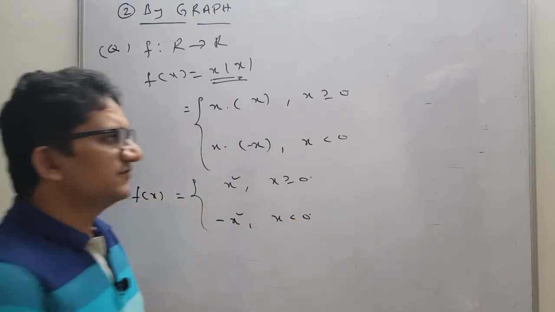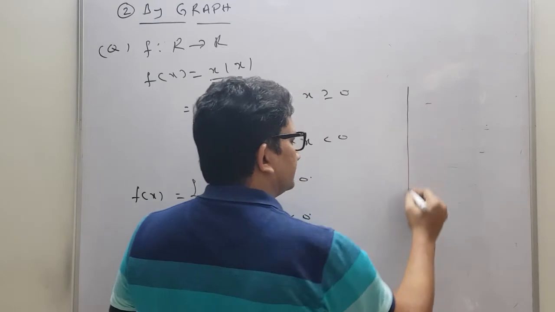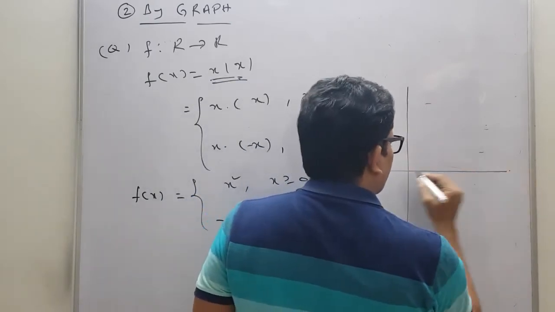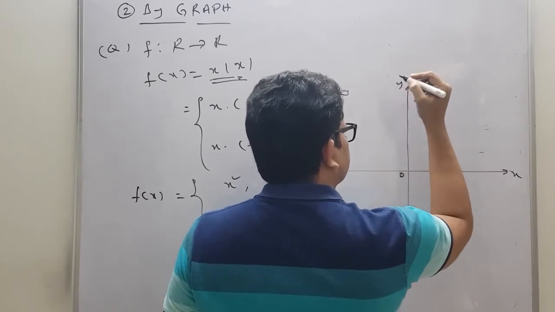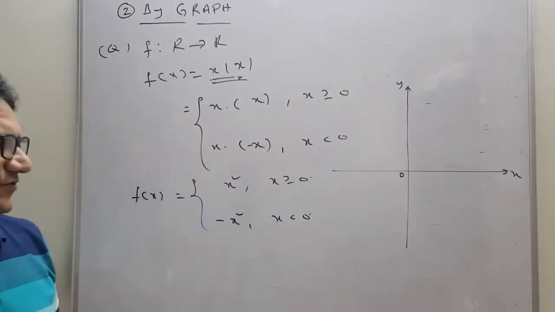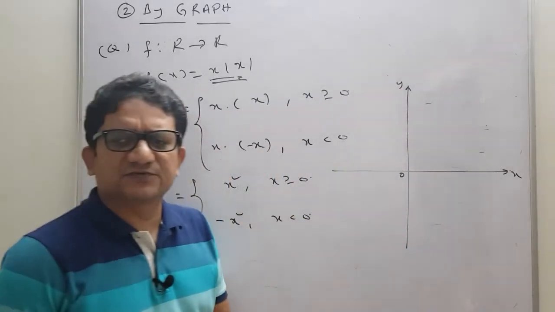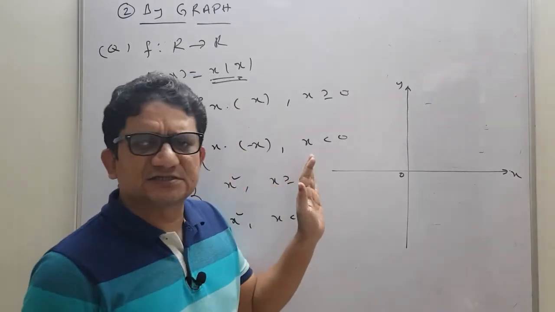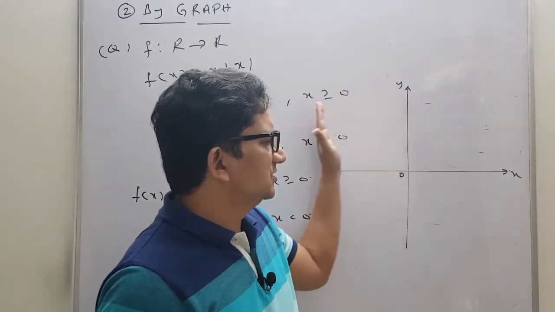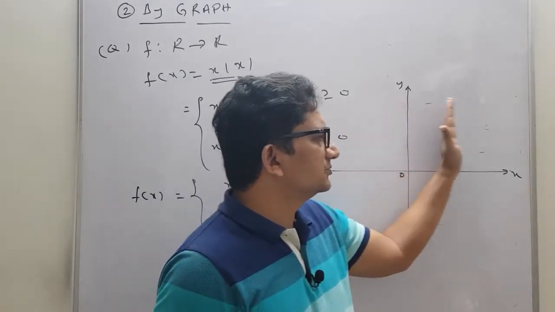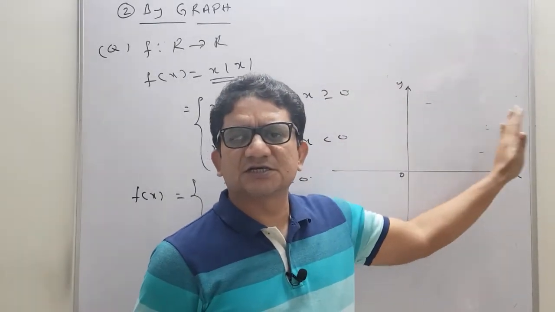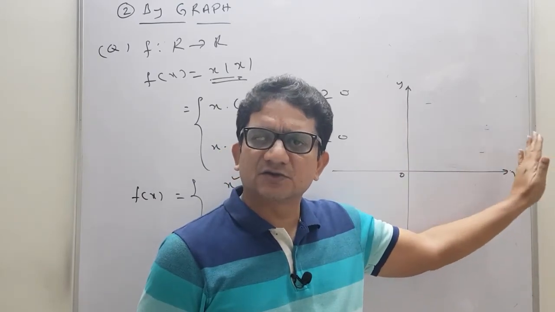Now we will check the graph of this function. Here is the origin, the x axis and the y axis. When x is positive, we need to concentrate on the right hand side of the origin only.